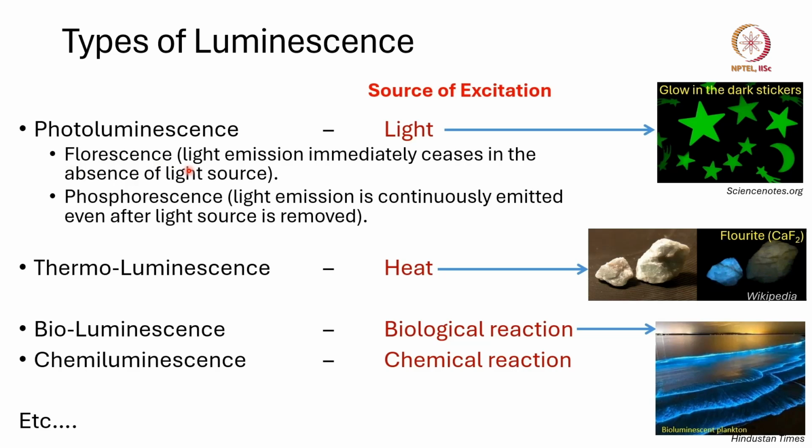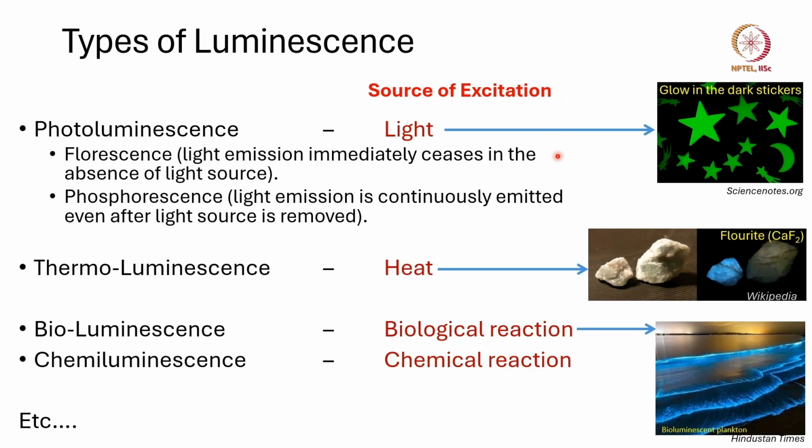In these tubes, when electrical current passes through mercury vapor inside the tube, it produces ultraviolet light. When this ultraviolet light is incident on the phosphor coating on the inner surface of the tube light, the phosphor glows, emitting visible light. This is an example of fluorescence.